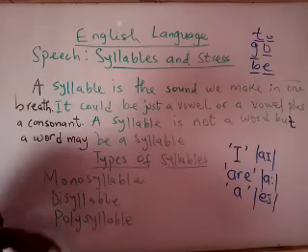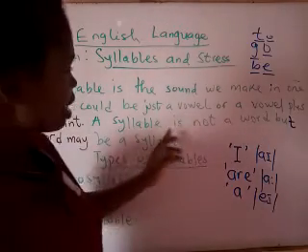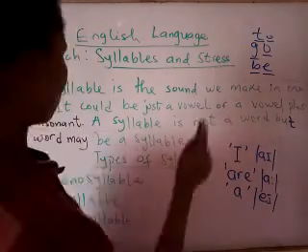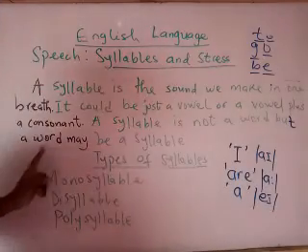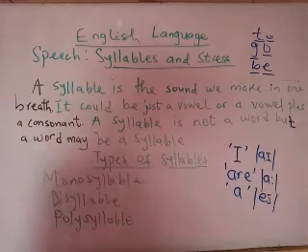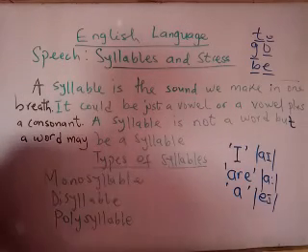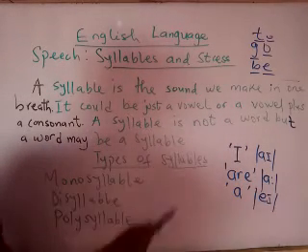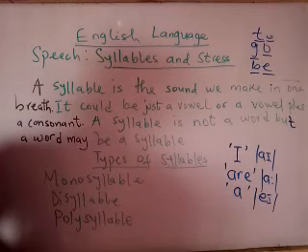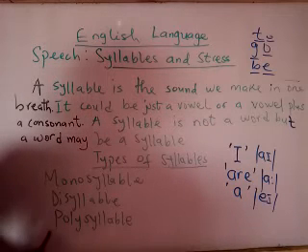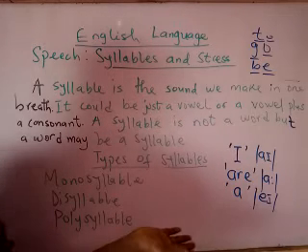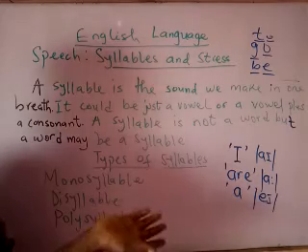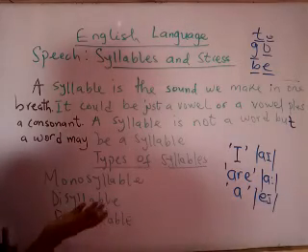Now the last thing we have here is that a syllable is not a word, but a word may be a syllable. What that means is that it's possible that you have a word which is a syllable, but a syllable is not a word.